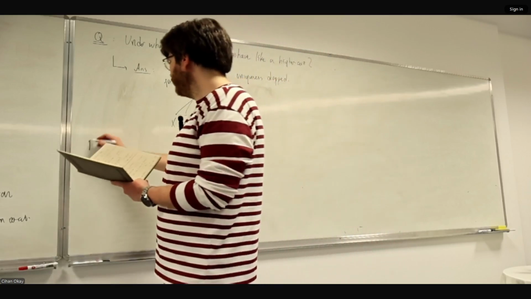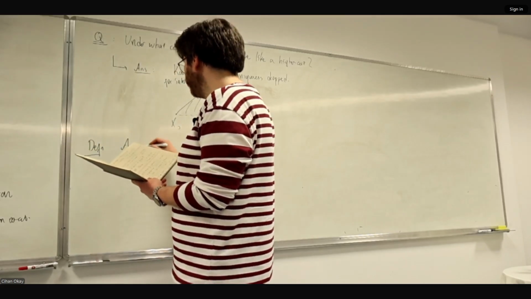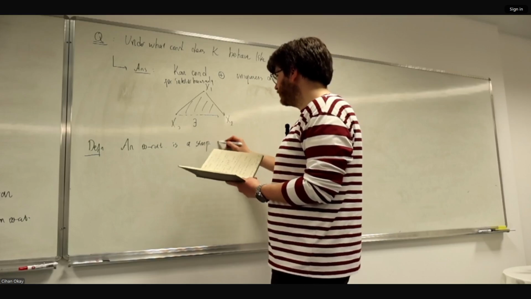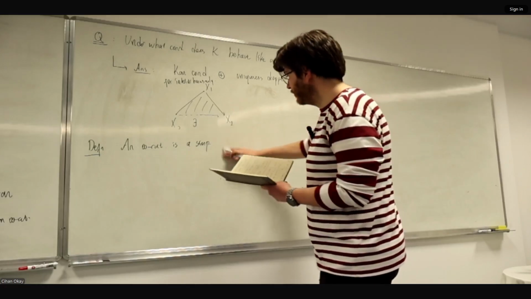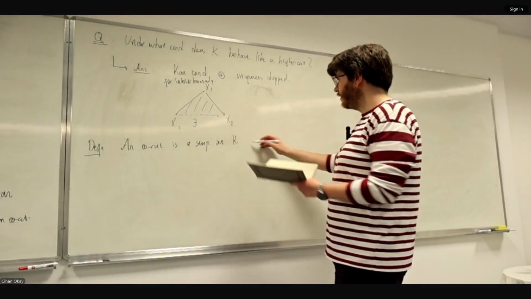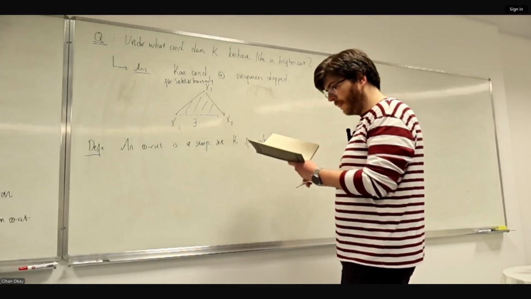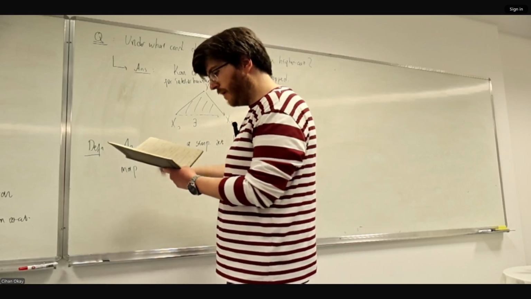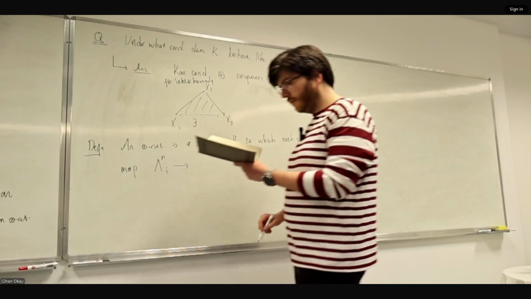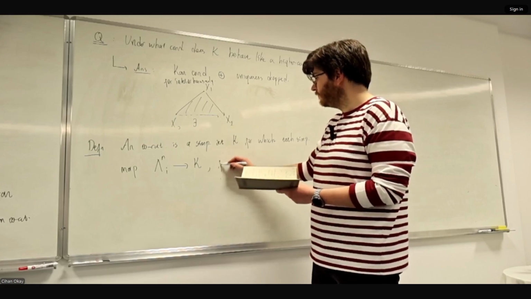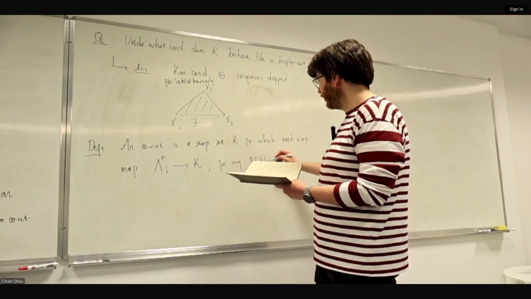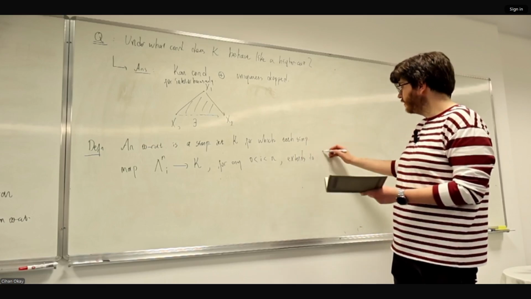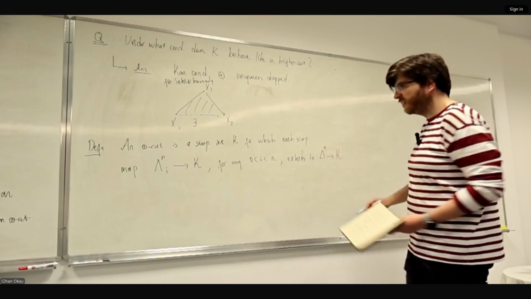So we have the following definition. An infinity category is a simplicial set K for which each simplicial map from the interior horns like this, for any 0 < i < n, only interior horns, extends to this map.